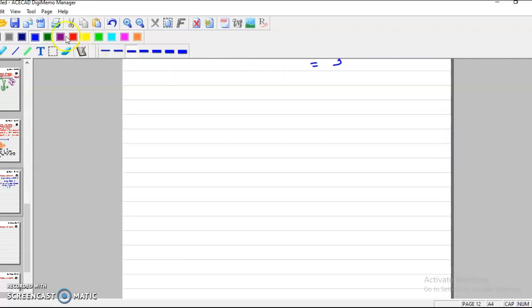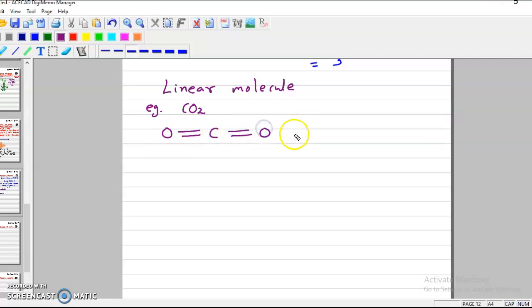Now we'll take another molecule, which is a linear molecule. Remember, in a linear molecule all atoms will be on one axis, and when all atoms are on one axis, one rotation should be neglected. For example, carbon dioxide. Here all oxygens and carbon remain in one line, and both oxygens are at equal distance from carbon.